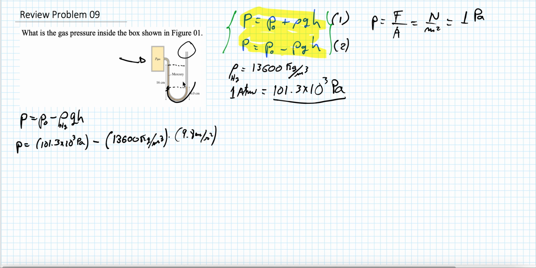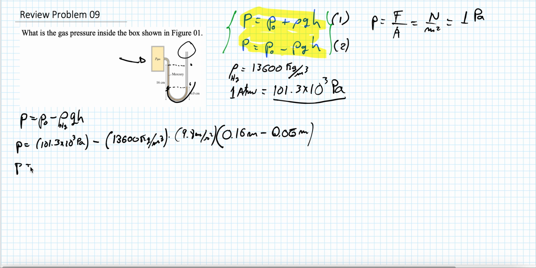The difference between this point and this point will be our height. So it's going to be 0.16 meters, because remember we need to change everything from centimeters to meters, minus 6. Oh, I'm sorry, I told you to do that and I didn't. So 0.06 meters.